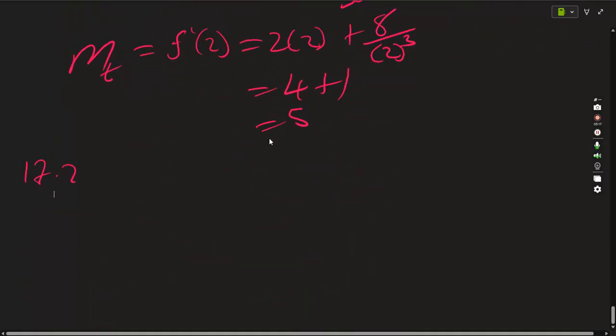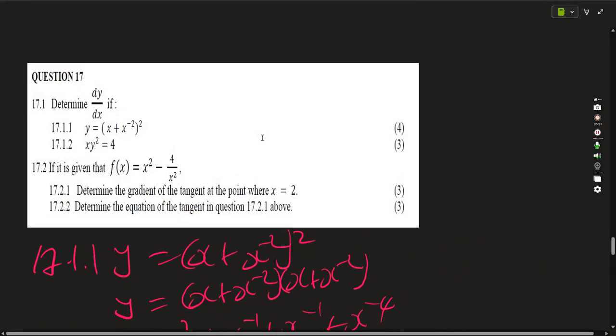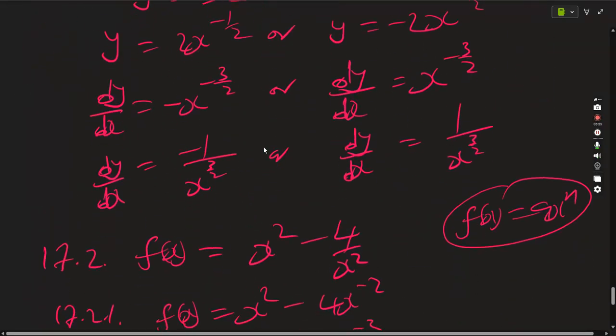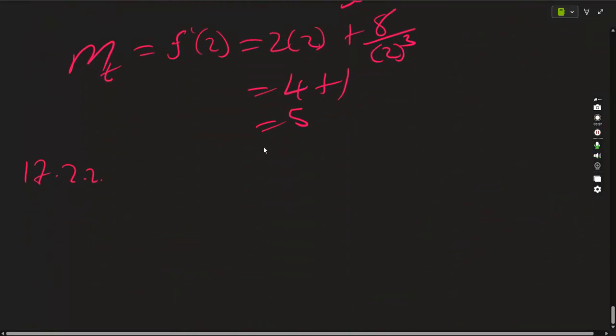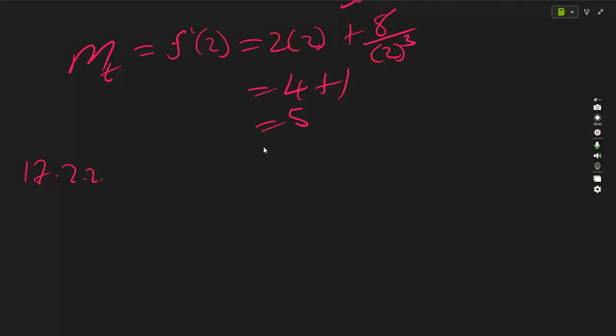Then 17.2.2, they said determine the equation of the tangent in question 17.2.1 above. Remember we are only given the x coordinate, so for us to determine the equation of any straight line, we need to find the x and the y values.